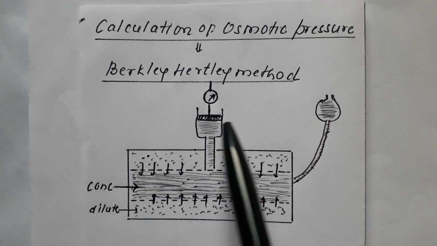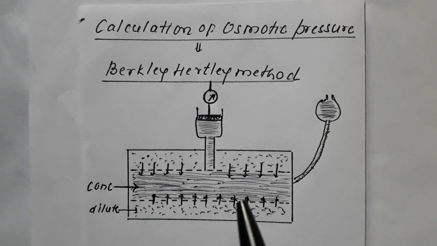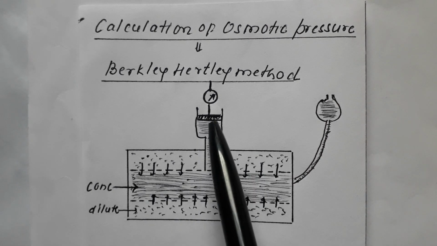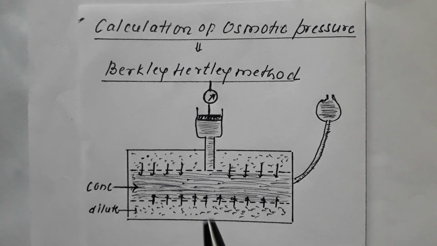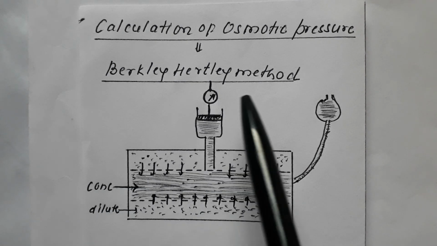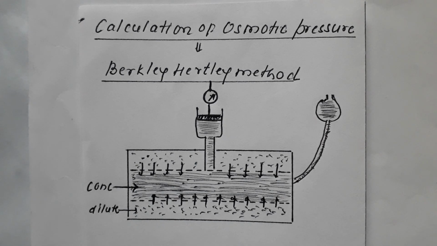If this external pressure is made equal to the internal, osmosis will stop. This method of measurement is called the Berkeley-Hartley method.